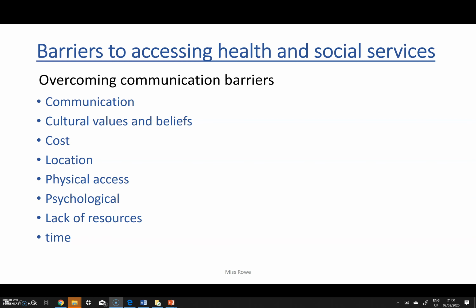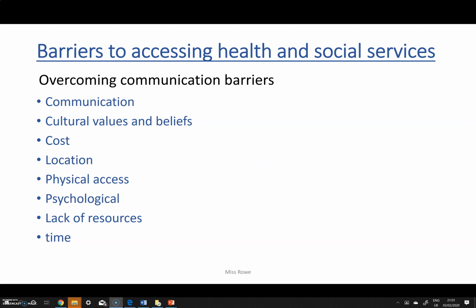Another one with cost barriers could be provide free car parking for the service users. I know that Blackpool Victoria Hospital, you have to pay for it, but other hospitals I've been to, say Preston, might have a section where you actually can have free car parking if it's under a couple of hours, for example, or just make it cheaper. That's another, obviously, way to overcome cost barriers.